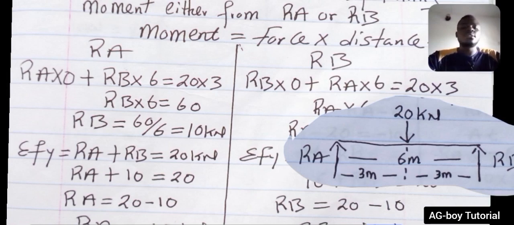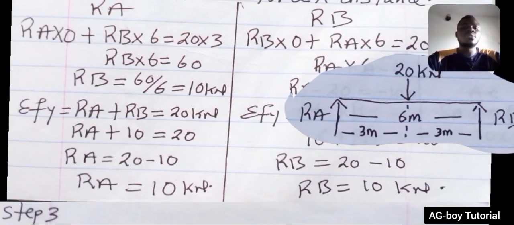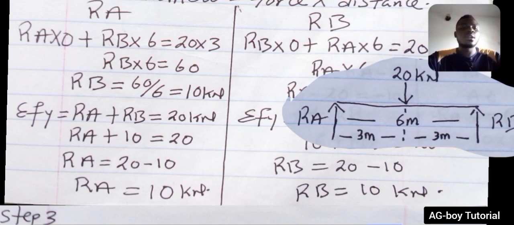So we are now having RA equals 20 minus 10. 20 minus 10 will make our RA equals 10 kilonewton. So that's for that.